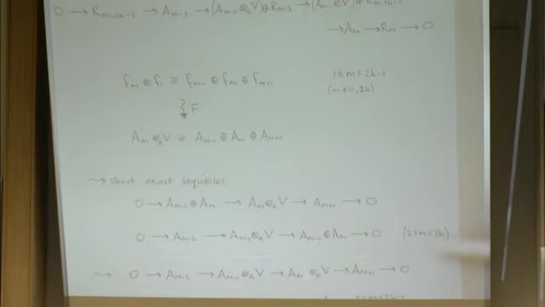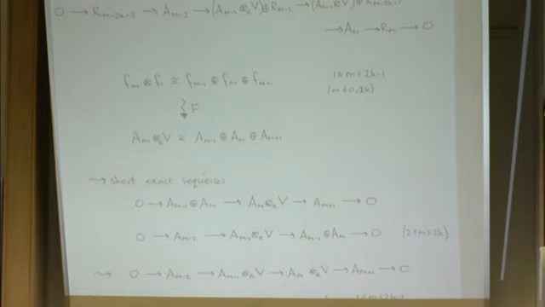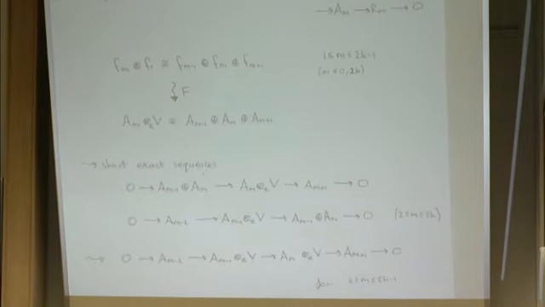So this is now only valid for m between 2 and 2k, and when you combine these two exact sequences, you get this exact sequence, which, at least for these values of m between 2 and 2k minus 1, is what is given by this resolution.